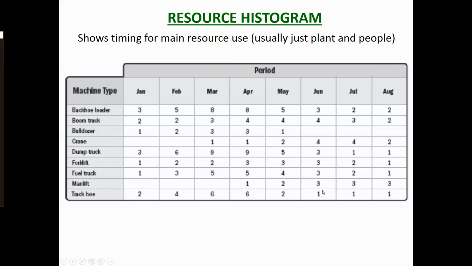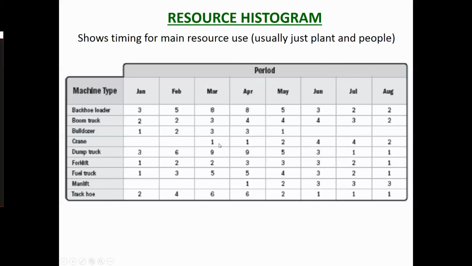And it's quite important that you consider the wise use of resources as well. So when the resources are on your site, these time-related ones, if materials are on site it's not so important. They just sit there, they're not gathering up money. But with these time-related ones, if they're on your site, they are being charged to you, so they're costing you money. So for example, you've got a bulldozer here for just 1 week out of 4 in January. So for 3 weeks out of the 4, it's not being properly used. So you might be looking at that and saying, well, wait a minute, we're not using this very well.